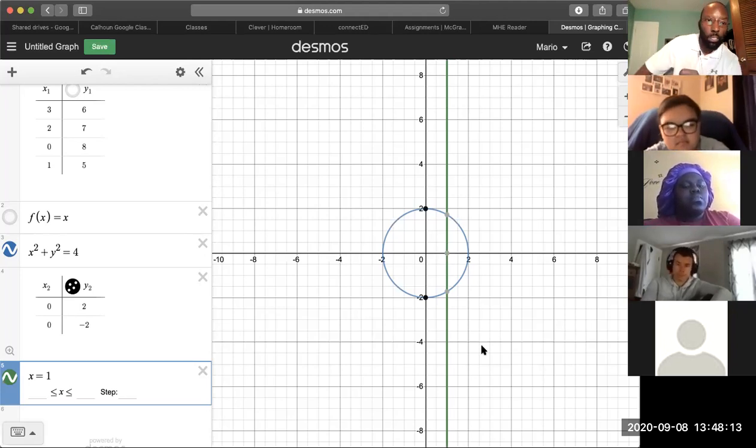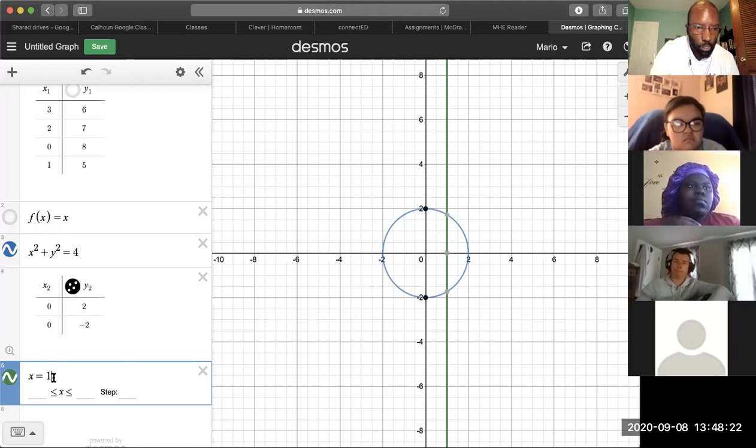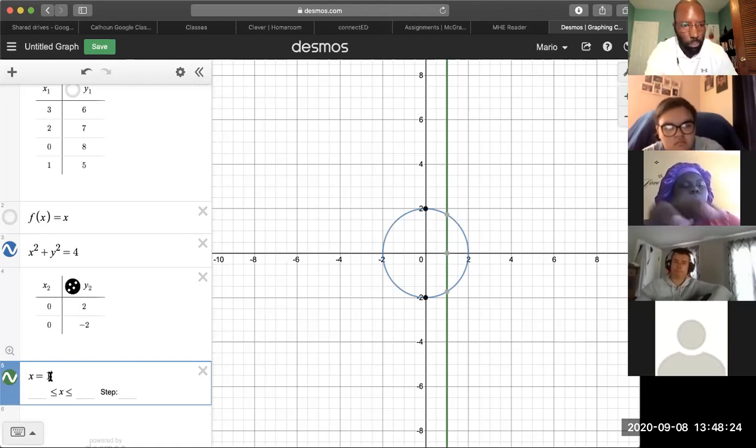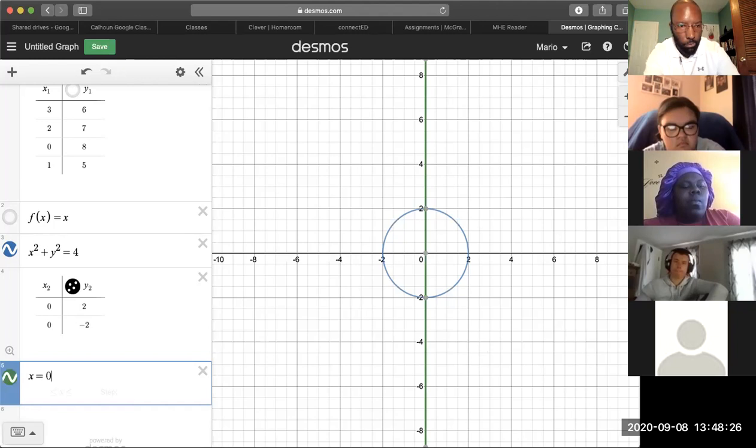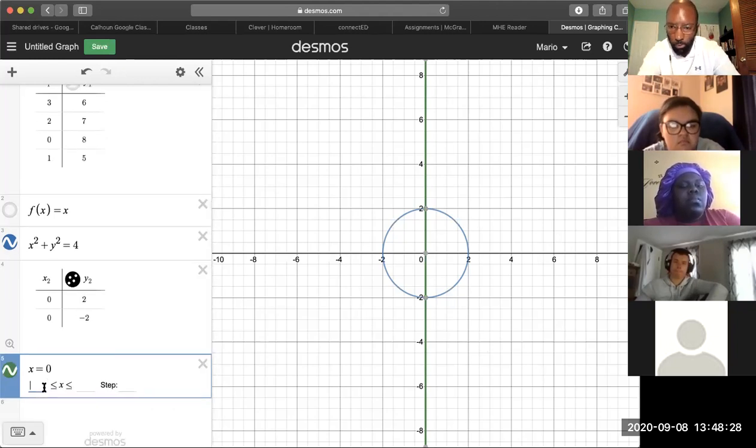So that vertical line test, whenever you see a graph, if it is a function, any vertical line... matter of fact, let me do this graph, 0 and go from -2, because no matter where this graph goes, this is what I was trying to do.